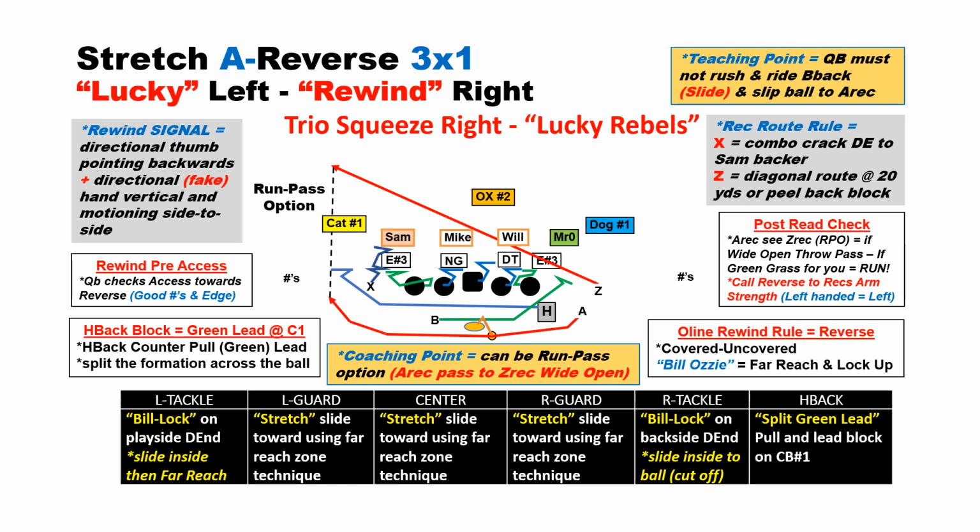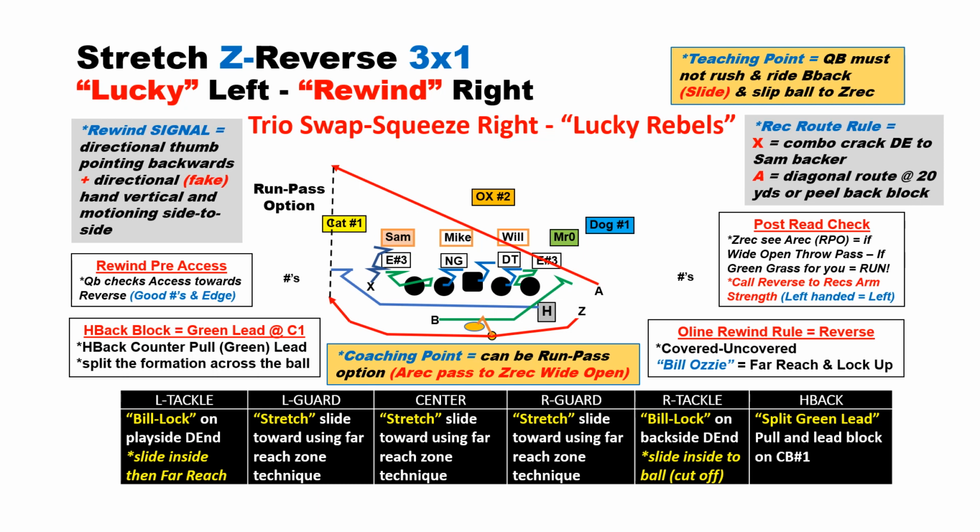The X is going to go ahead and do a combo crack on the defensive end to the Sam. And then last we have the Z do a diagonal route all the way across. After the play fake to the back, the quarterback turns back and gives it to the A, allowing the A receiver to go ahead and read this as a run pass option.